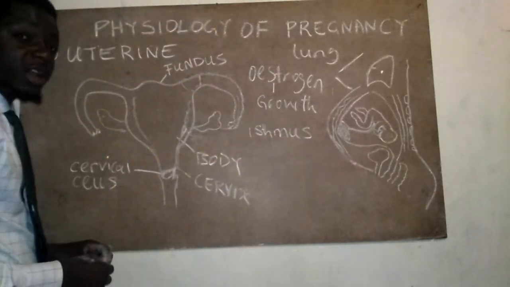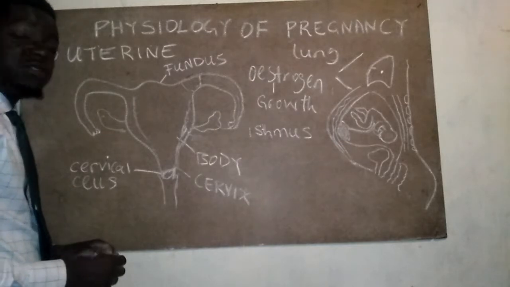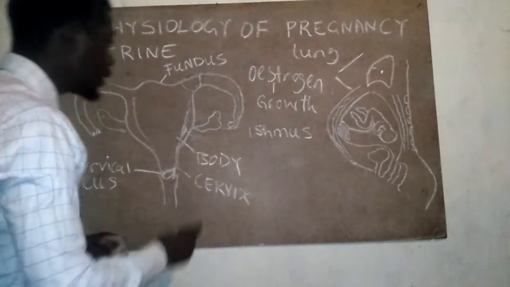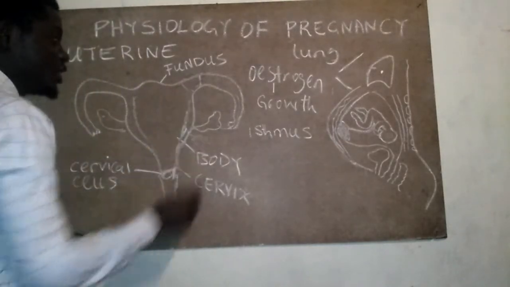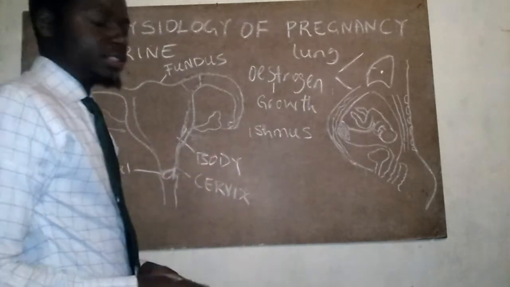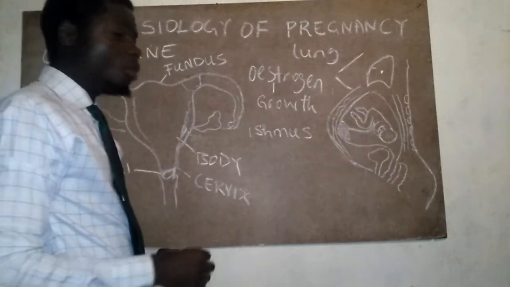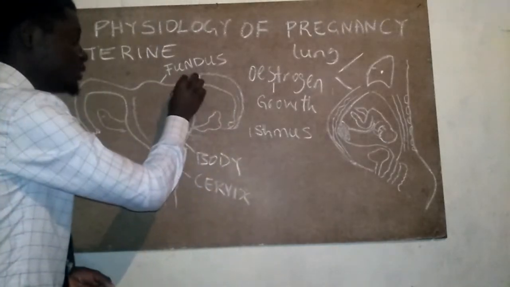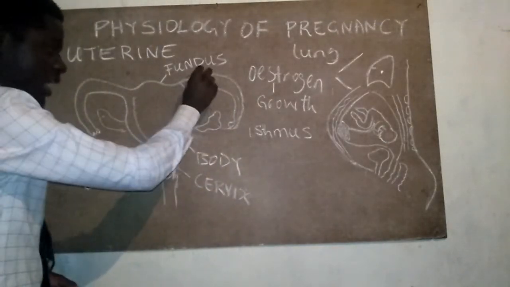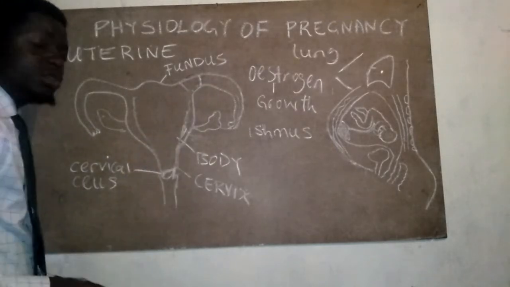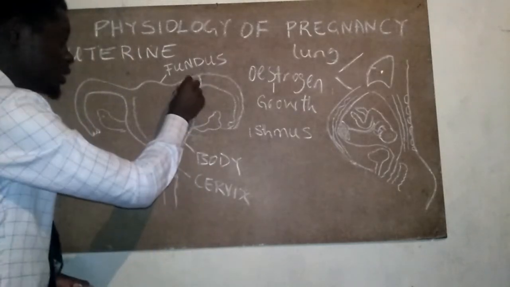Of course, we know that the fallopian tubes are made up of three parts. And this is the isthmus. We're not going to talk about the infundibulum and all those things. We are only interested in the isthmus. So this side here, due to softening because of the estrogen, is going to start dividing.